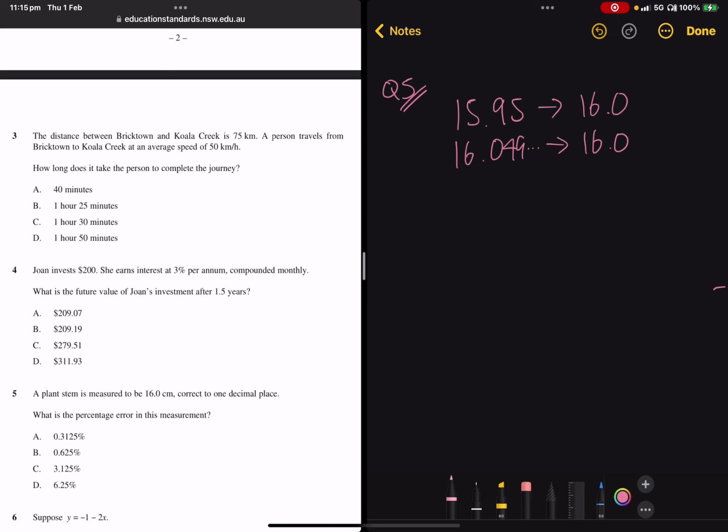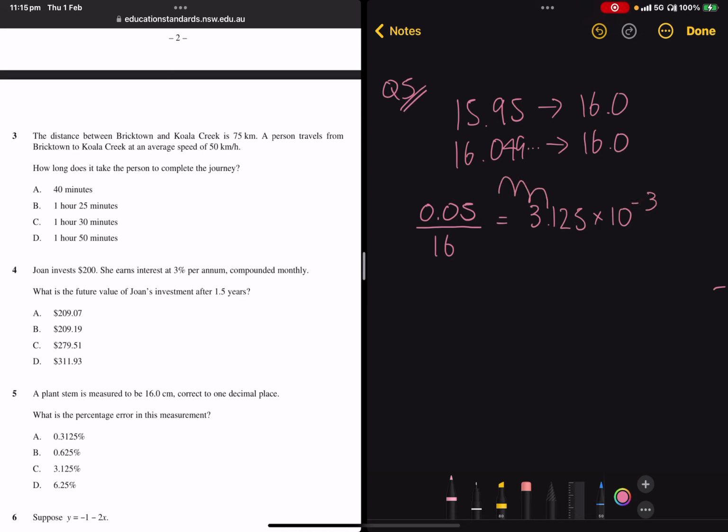Well, the maximum percentage error is 0.05 divided by the measurement, which is 16. So 0.05 divided by 16. This gives me, now we have to be careful here, in scientific notation, 3.125 times 10 to the minus 3.